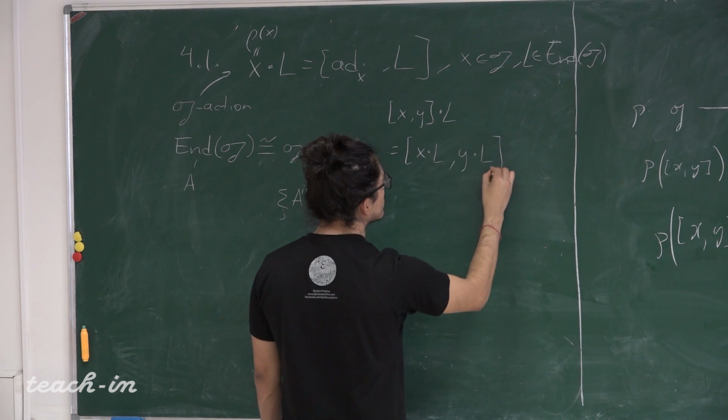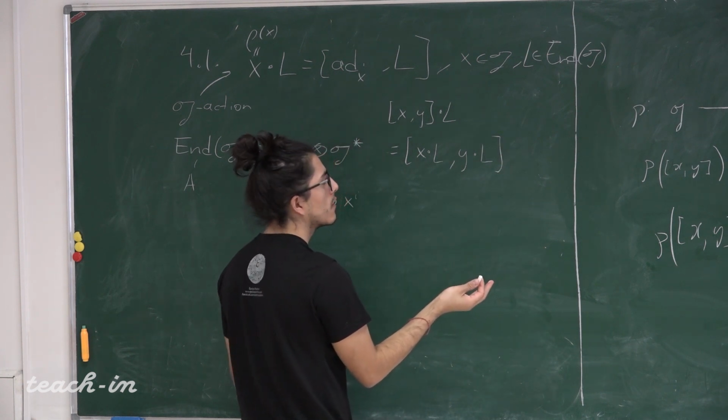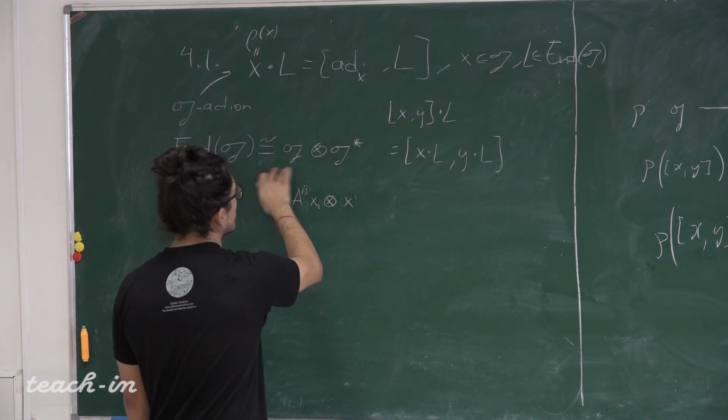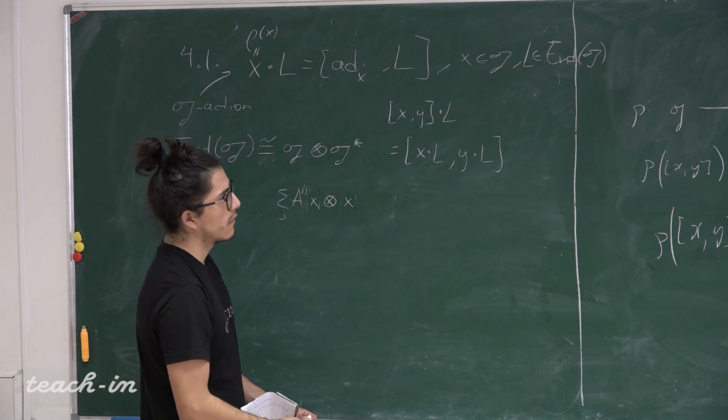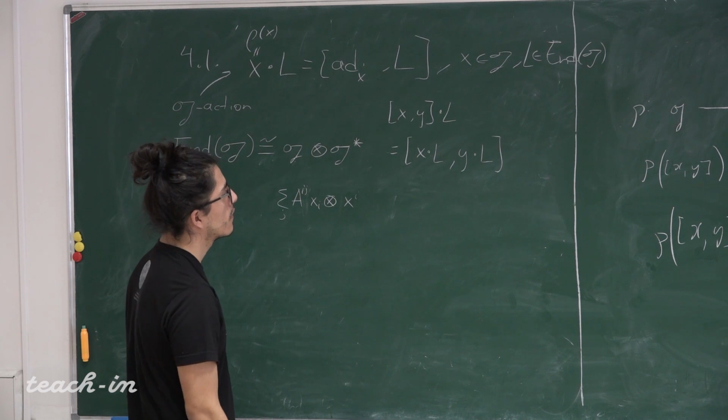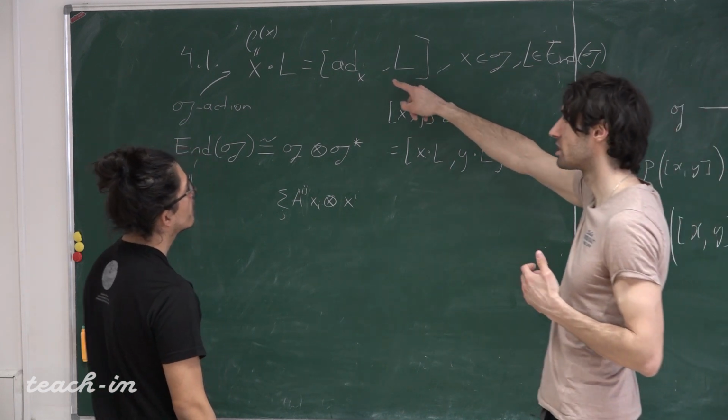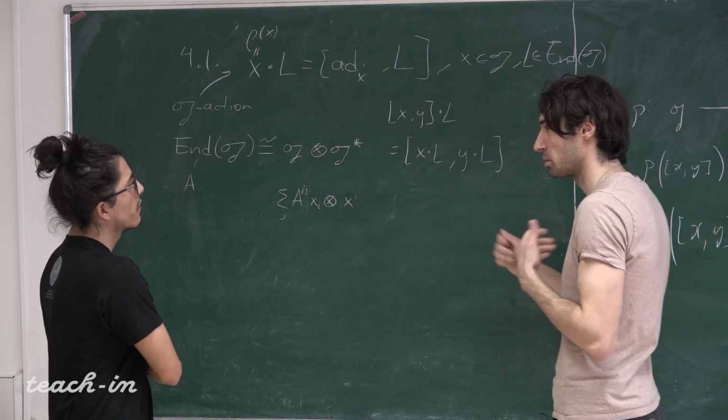But how is that related with this representation? No, it's not related to this, but at least we would like to first answer the question why this formula gives us an action. So that's what we're checking.